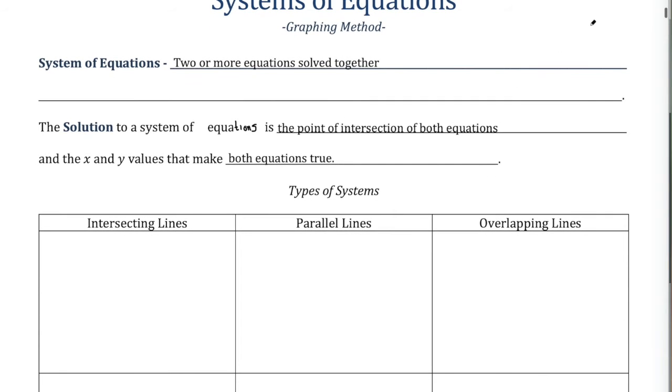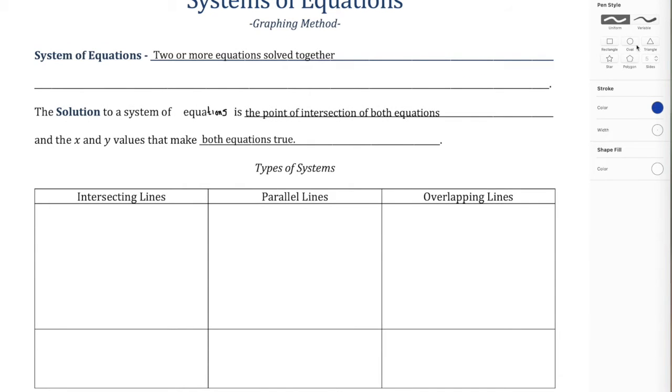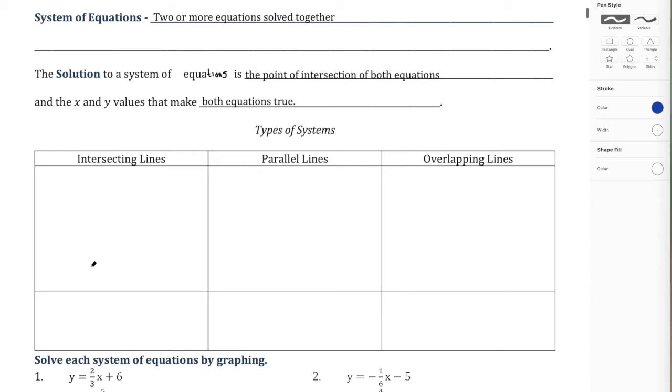Okay, so let's go ahead and talk about the three types of a system of equations. Let me pop over here. Okay, I've got my color set. All right, so we could have intersecting lines. So as that might sound, that would be a situation where we have one line and another line, and they intersect somewhere, and this point here, that is the solution.